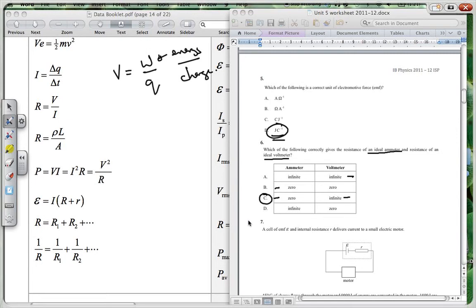That would be correct. So whenever you have an ammeter, it's always in series in the circuit, and a voltmeter is always in parallel.